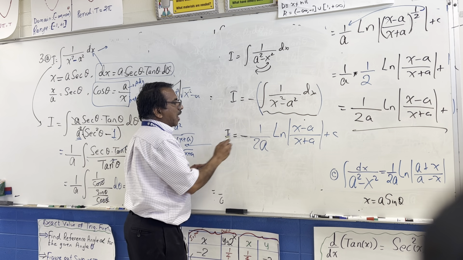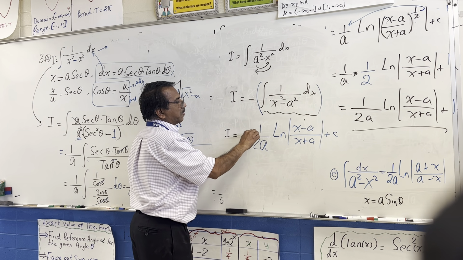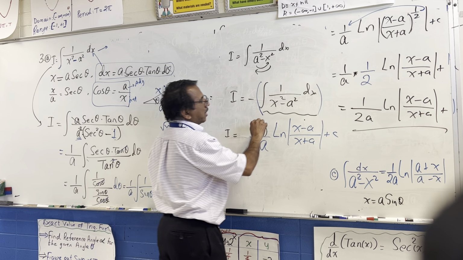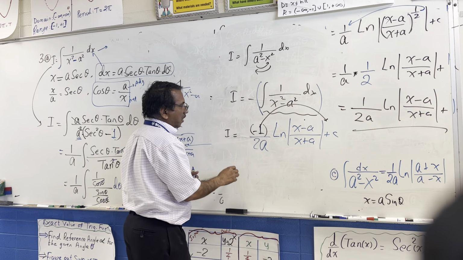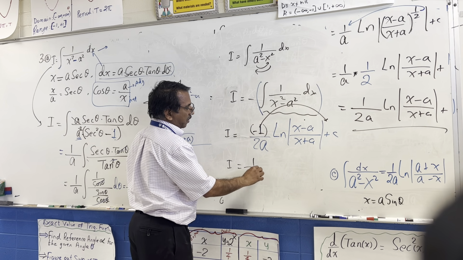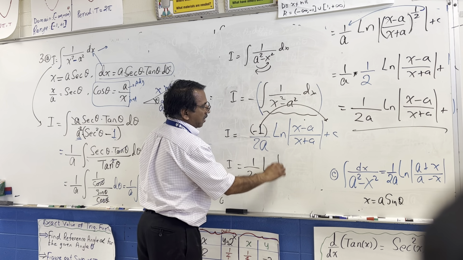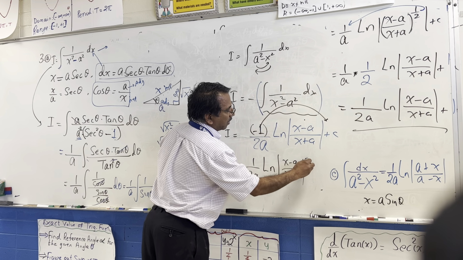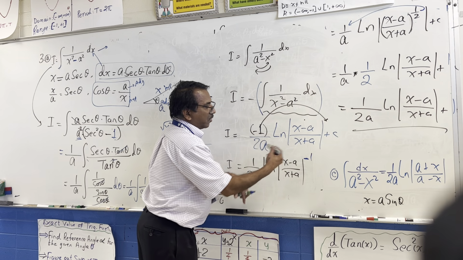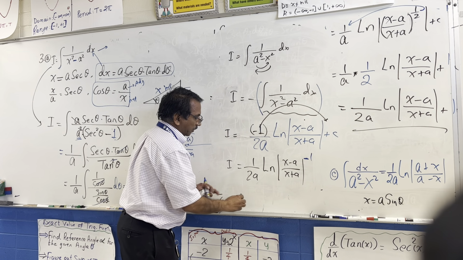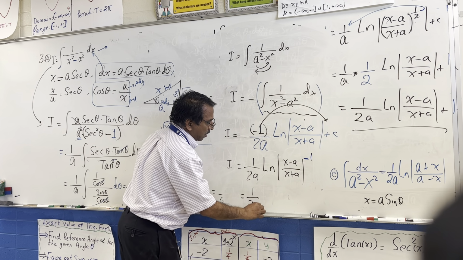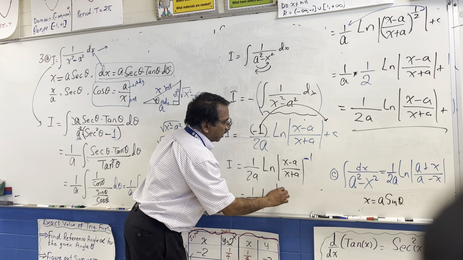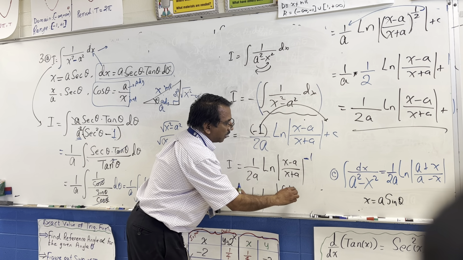And because of this minus, it's exactly like a minus 1, and we can take this negative 1 up here using laws of logarithm. So 1 over 2a will stay, and you get ln of (x minus a) over (x plus a) raised to minus 1. What does this minus 1 mean? You take the reciprocal of this one. So you get 1 over 2a ln of (a plus x) over (a minus x).